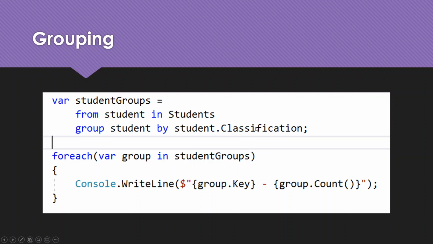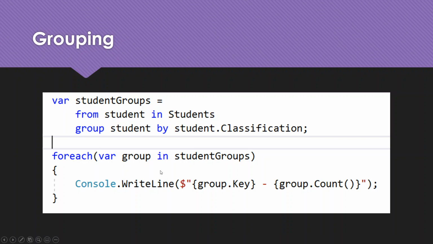So what this does is it gives us a group, kind of an intermediary variable, and student groups is going to be an IEnumerable of that intermediary variable type. And so we can get the key of that group, which will be 1 for freshmen, 2 for sophomores, and so on. And then we can also count the elements in that group, or get the value of the group and actually go through the cluster of students and pull out their names, and so forth.